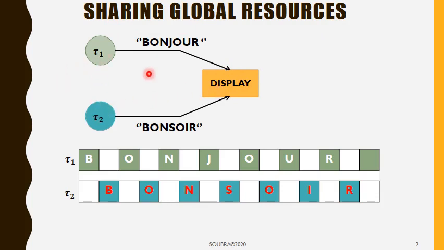So this is the first conclusion: two tasks in the system, right? And the functionality of each of the tasks is to spit a different message. The first one is attempting to spit out bonjour, and the second one is trying to print out bonsoir.